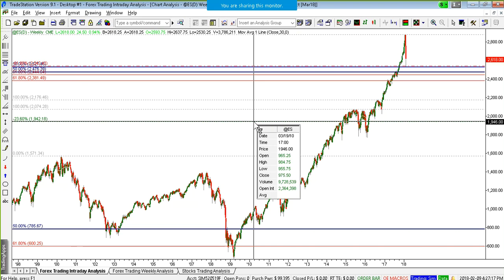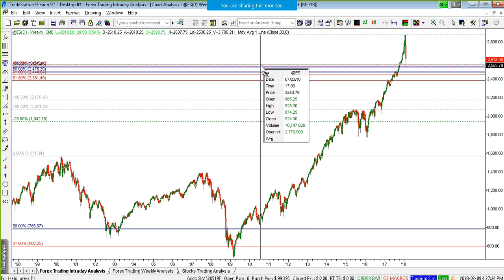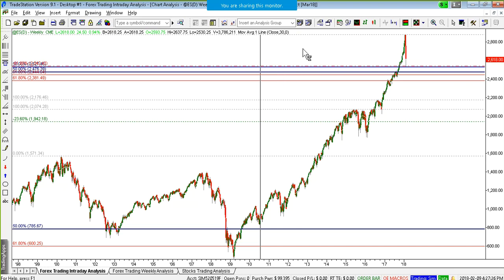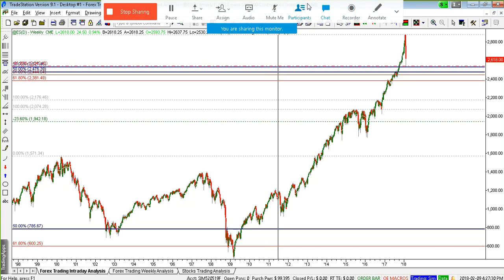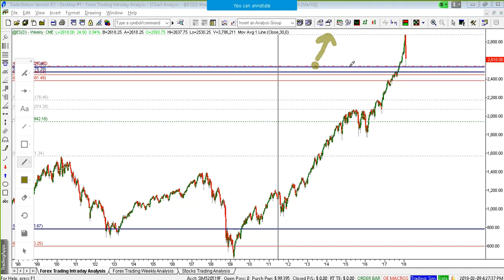But the first target was 1918, now it's 1942. The second target was 2540. So this market already went above that second target. If it goes 54% above this level, as it did in the years building into the 1987 climax, this would bring price to 3800.